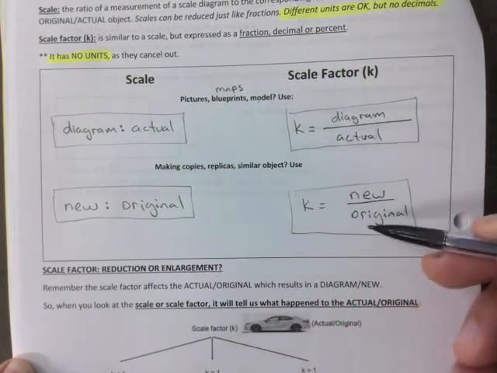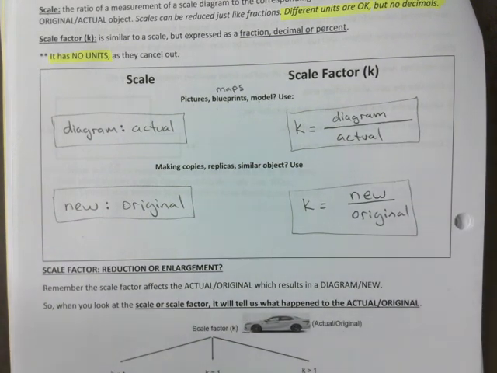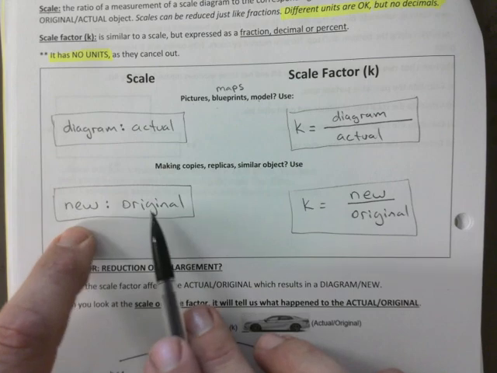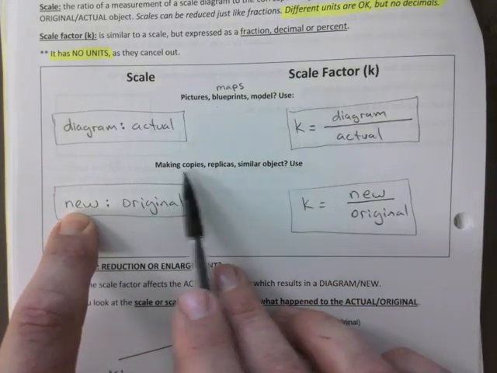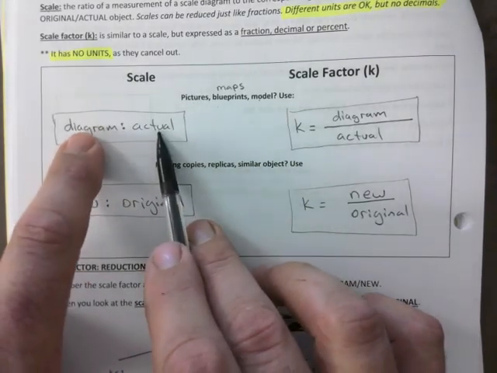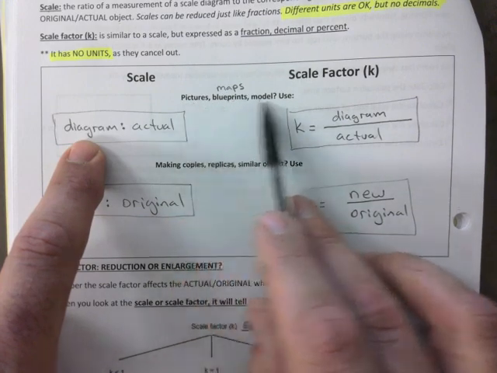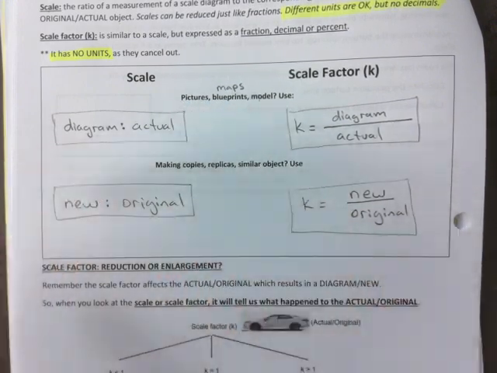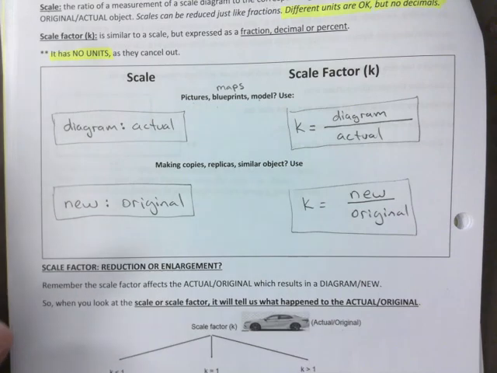In both instances, they tell us the same thing. Like what is happening is something being enlarged or reduced, but it's more beneficial to use these words when we're dealing in this context and use these words when we're dealing with anything that has to do with pictures, models, and so forth.